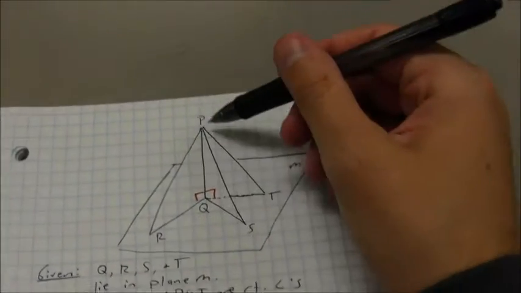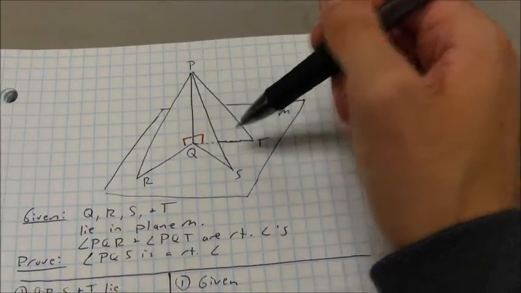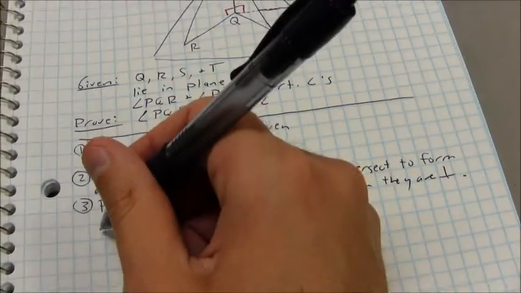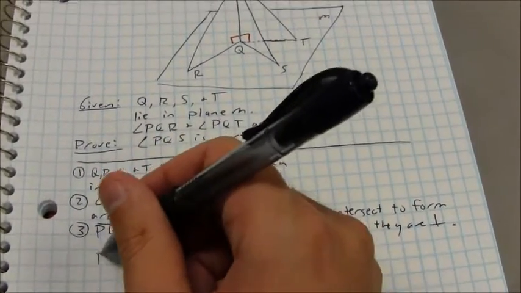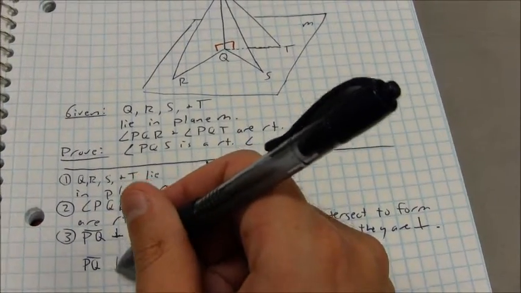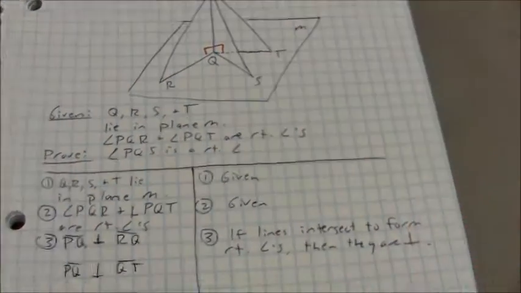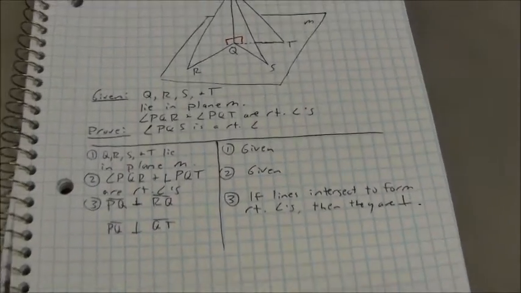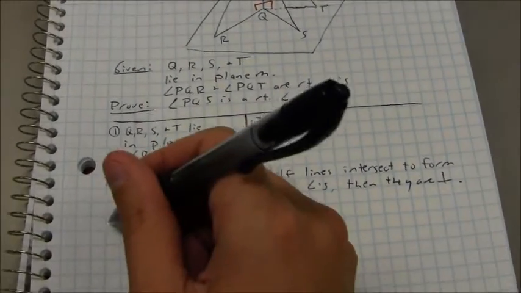And I know the exact same thing about line PQ and QT, so I'm also going to say that PQ is perpendicular to QT, and that's for the same reasons. I'm just going to leave it as part of the same step. You can add another step or not.